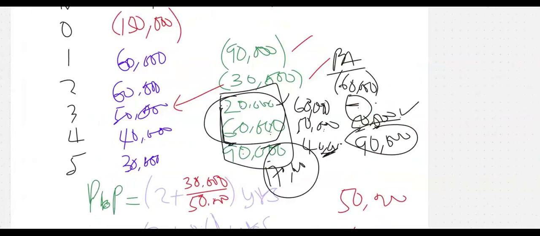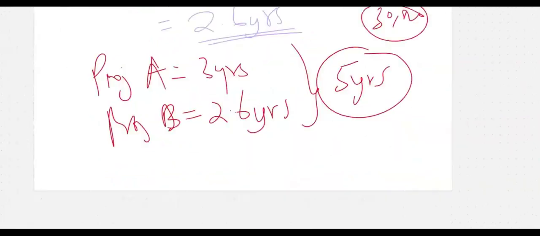So here, when you finish writing, project A we saw we got 3 years, project B we got 2.6 years. You just write that the business should undertake project B. This is because it will take the business 2.6 years, less than the 3 years for project A, to recoup its investments. All right, so I will send the video for the next computation.